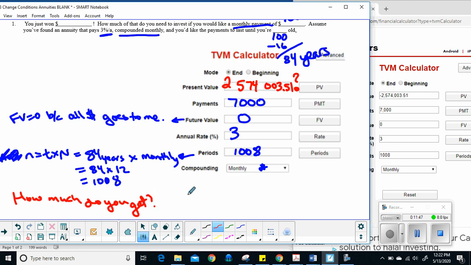Take your payment times your periods, right? Because this is how many times you're getting this payment. So you're going to be giving yourself $7,000 and you're doing that 1,008 times.